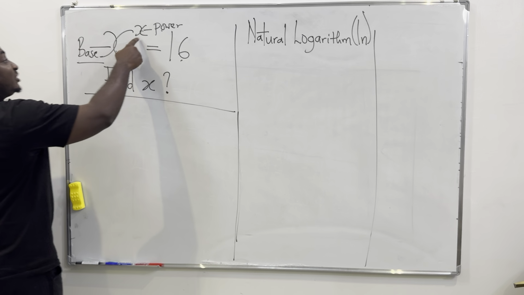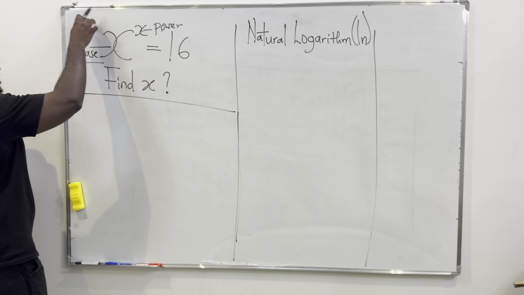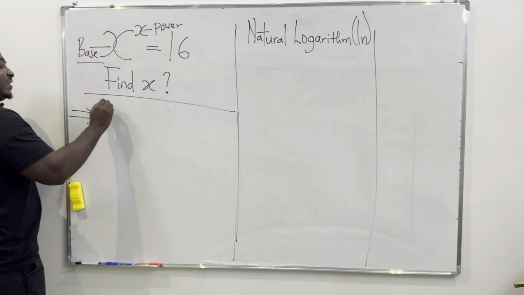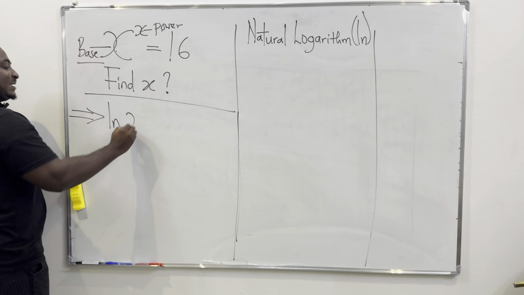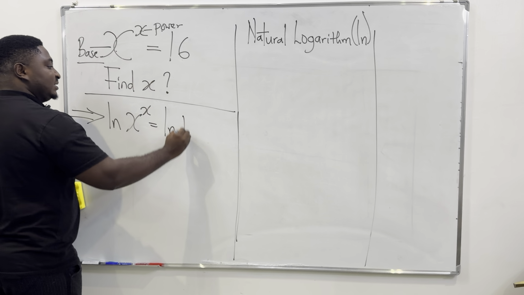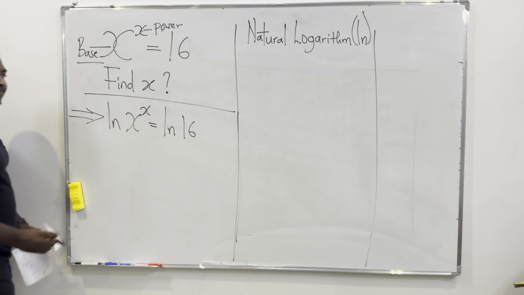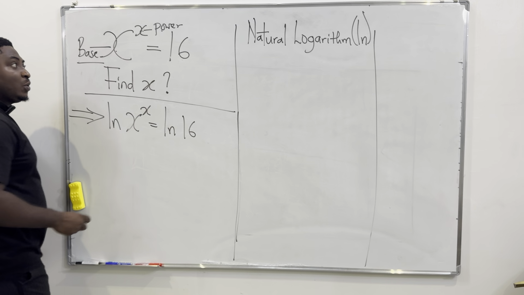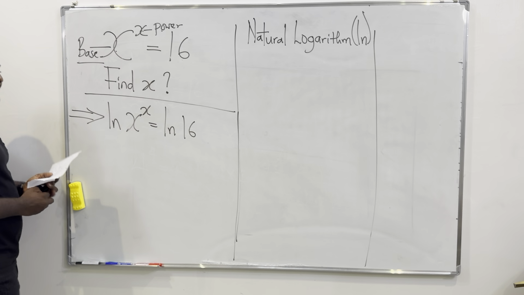The question said x raised to power x equals 16. I'm going to introduce natural logarithm to the left-hand side and to the right-hand side. And this will imply that we're now going to have ln of x raised to power x equals ln of 16.